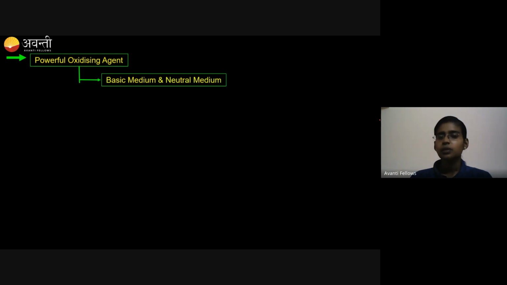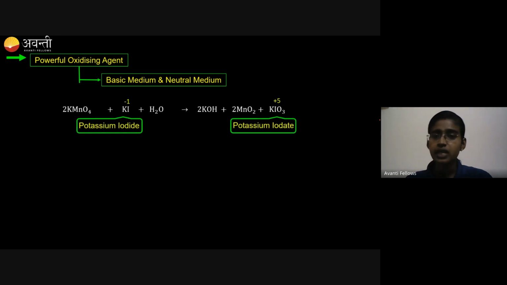Now, coming to the basic medium and neutral medium for today's class. In basic medium and in neutral medium, iodide is getting converted to iodate. That is, the -1 state of I is getting converted to +5. So, how many electrons are lost by iodine?